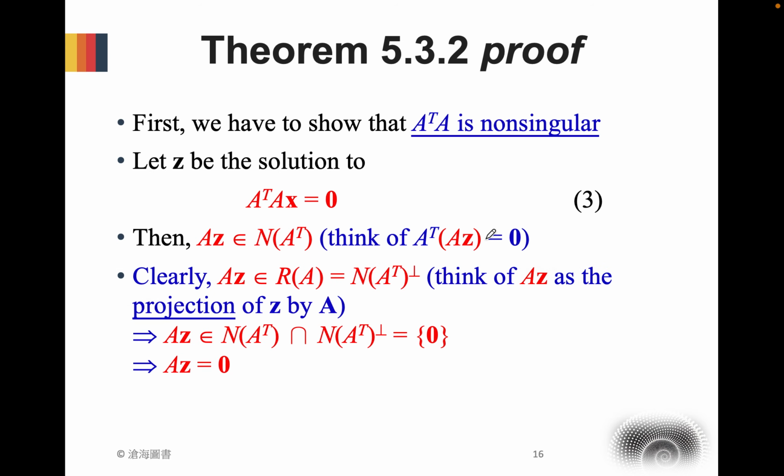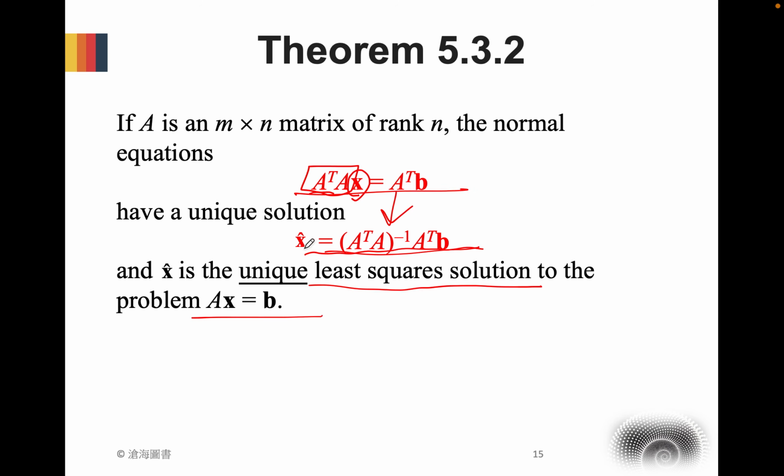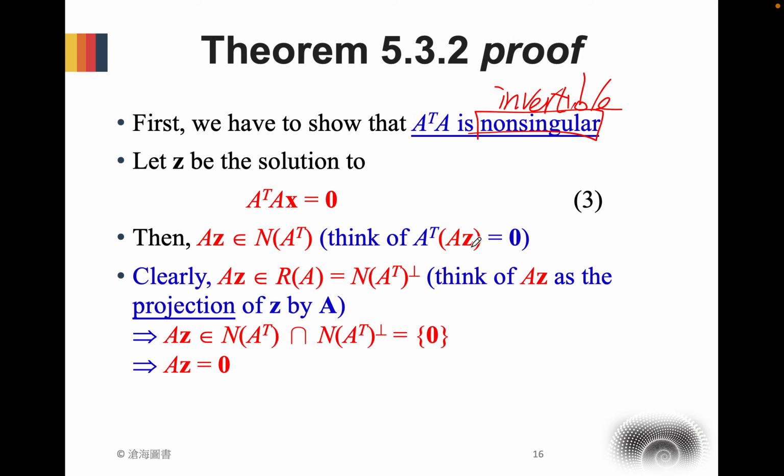So here we need to show that A transpose A is non-singular, or invertible. Okay, only if A transpose A is invertible, then you can write down this formula. So whether A transpose A is invertible or not.